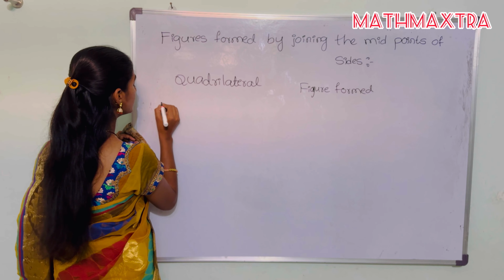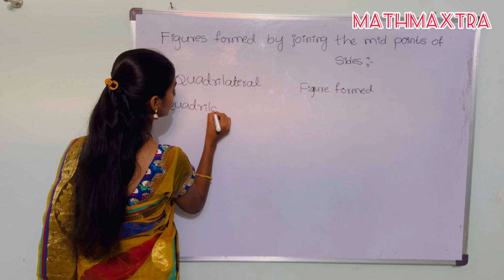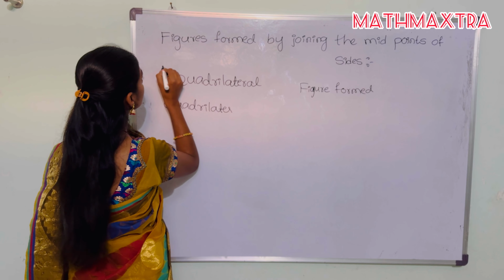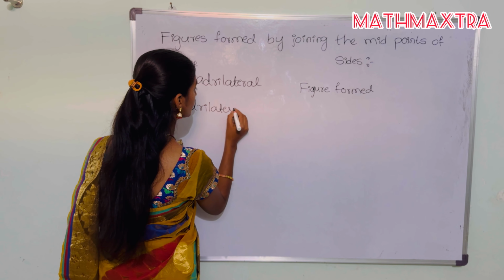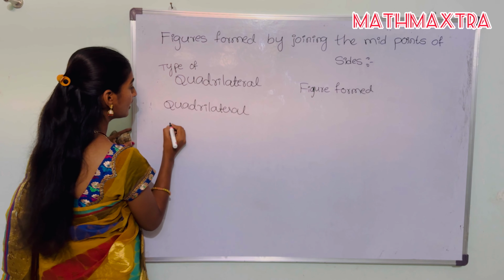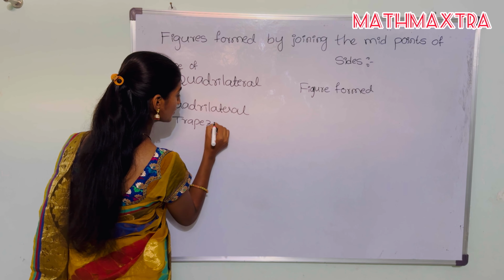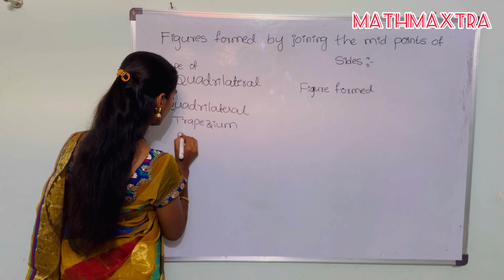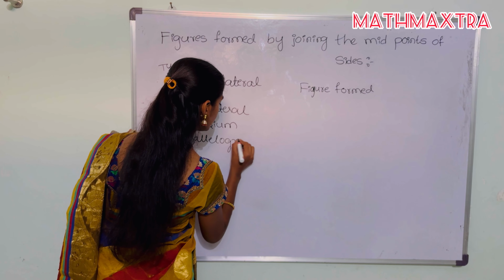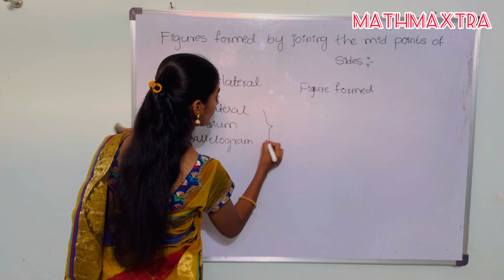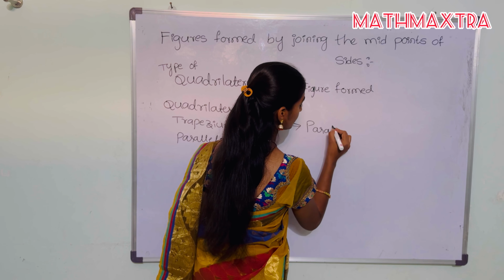So if you consider a quadrilateral, any type of quadrilateral, for quadrilateral and trapezium and parallelogram, for these three types of quadrilaterals, we will always get a figure parallelogram.